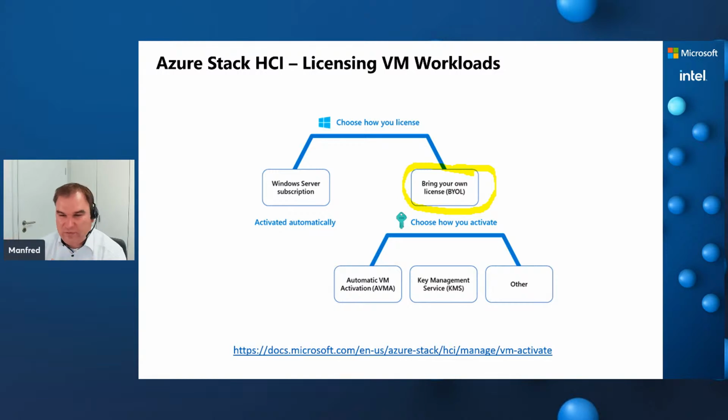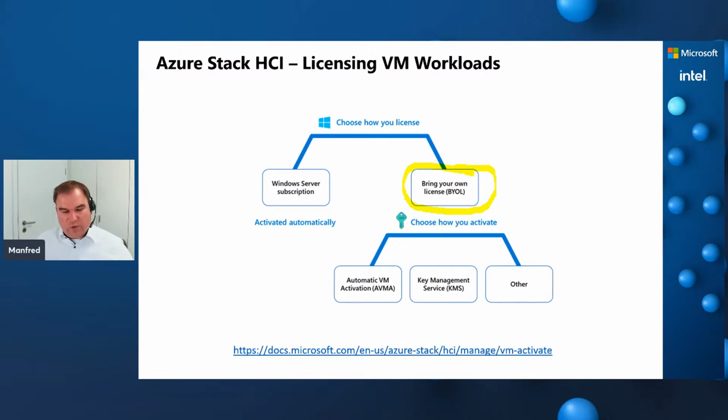This means if we have a server with 20 cores, we have to license 20. If we have a server with, let's say, 32 cores, we have to license 32 cores. If our server has 8 cores, we have to license 16 cores. If we disable cores, this reduces the costs for Azure Stack HCI, but not for the Windows Server licenses because the minimum is 16 cores.